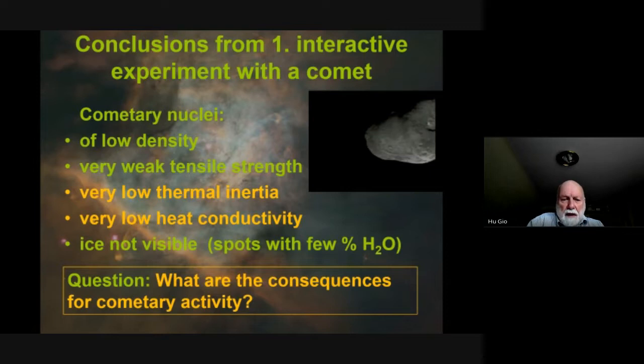We found, as I mentioned, very low thermal inertia, very low heat conductivity, and again, ice was not visible except for a few percent in some spots. So what are the consequences for the physics of the cometary activity?